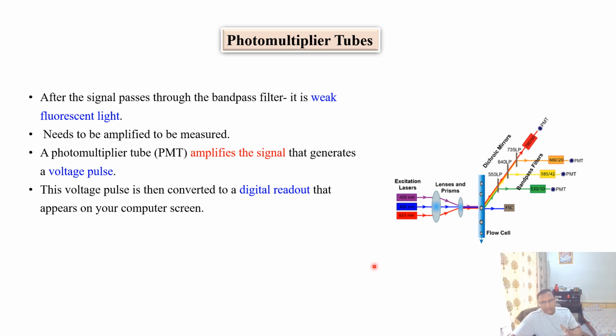Because we detect the light or fluorescence from a cell, the intensity is very small, so the function of the photomultiplier tube is to amplify the signals to generate a voltage pulse. This voltage pulse is finally converted into a digital readout, electronics, that appears on our computer screen as dot, dot, dot, dots that you see in the results of the flow cytometer.